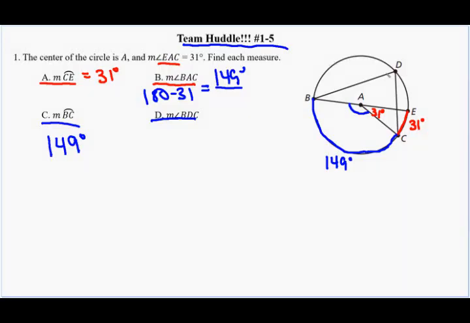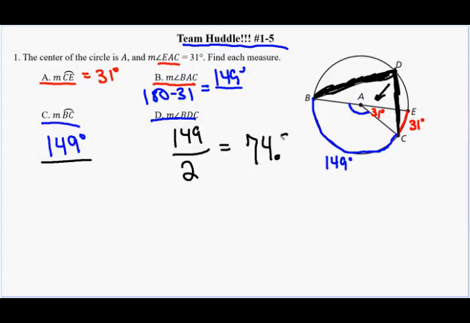So if I use black ink, make this real thick, B to D to C, this angle opens up and intercepts the blue arc. We already know the blue arc is 149 degrees, and if we're going to take that back to the inscribed angle, we're just going to cut it in half. Half of 149 is 74.5 degrees.